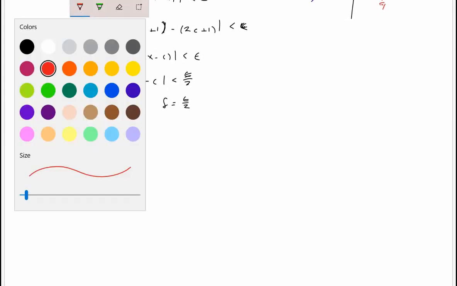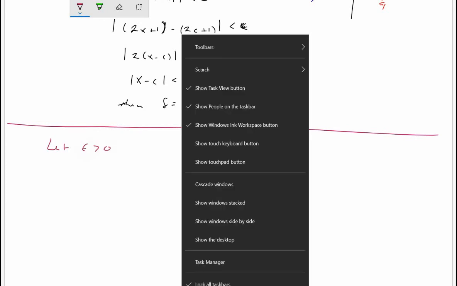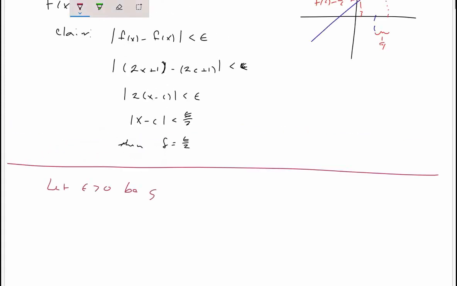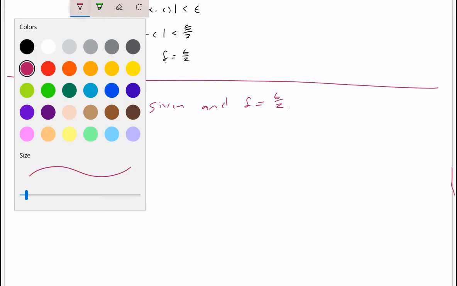So to show something is continuous, we start at the back end and say, let epsilon greater than 0 be given, and delta equaling epsilon over 2. All that means is that you can pick any epsilon that you want, and once you pick that, we have a value for delta as well.